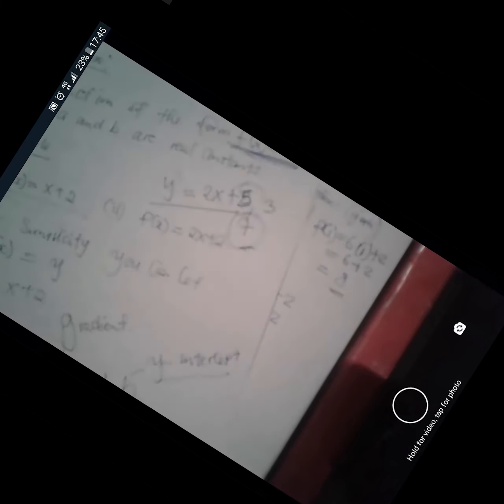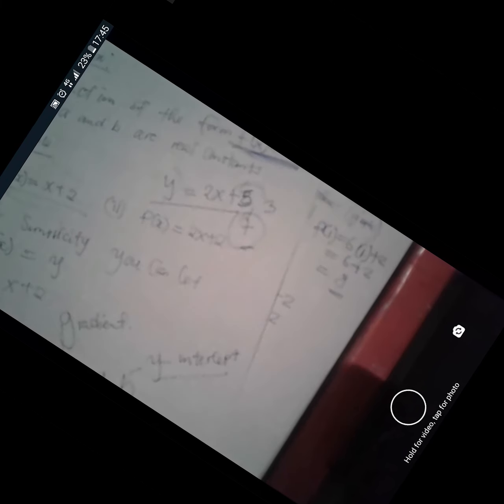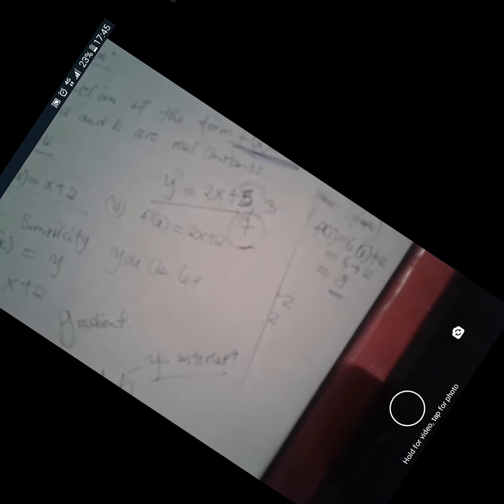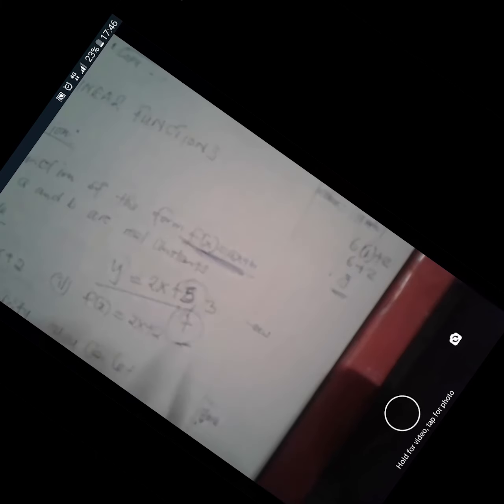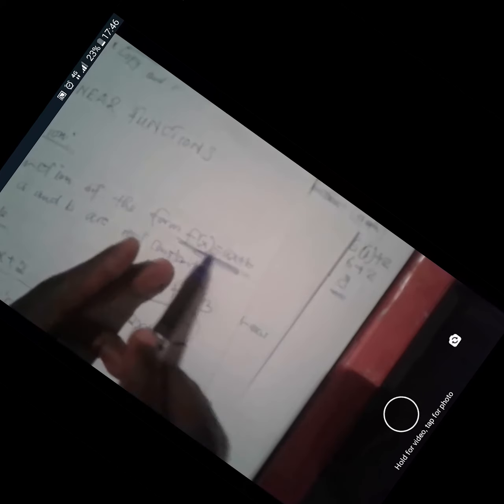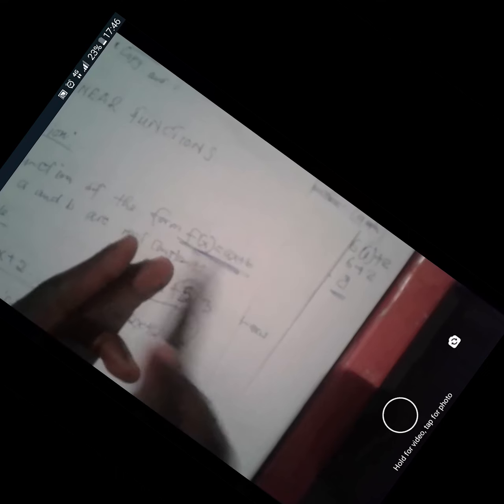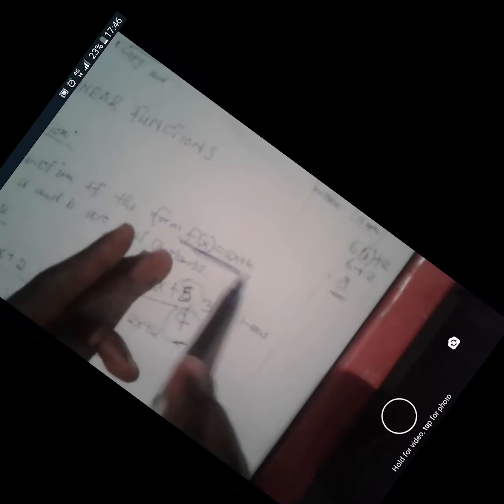Is that clear? So what you're saying is that what differentiates linear functions from others is the general formula, which is ax plus b. That is why we've defined the linear function like this. So when you see any function in this form, that is a linear function.